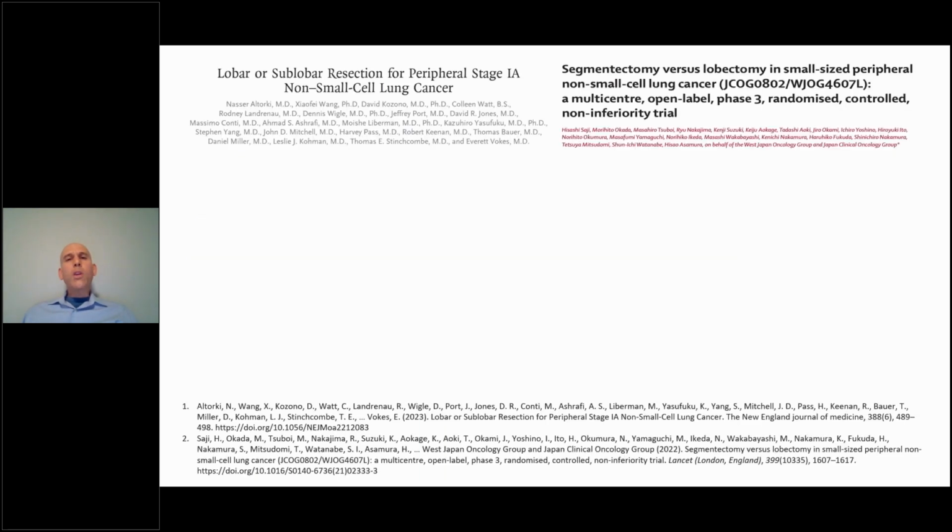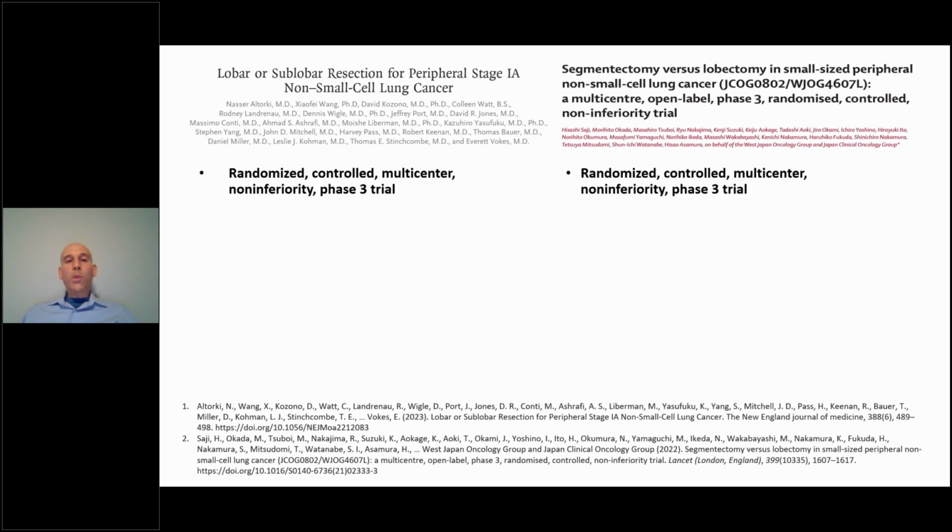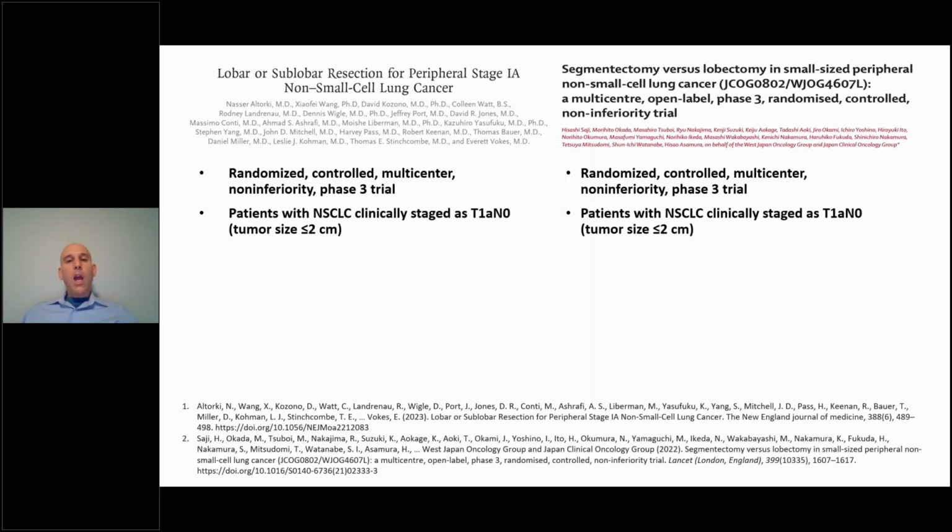But when we think about this whole process, one of the big drivers now that is changing the way our field is practicing are these two incredibly important papers that came out in NEJM and Lancet Respiratory Medicine, looking at lobar versus sublobar or segmentectomy for early stage 1A non-small cell lung cancers. Similar designs for both of these studies, looking at similar types of patients, early stage lung cancer, less than 2 centimeters in size, T1A and 0.